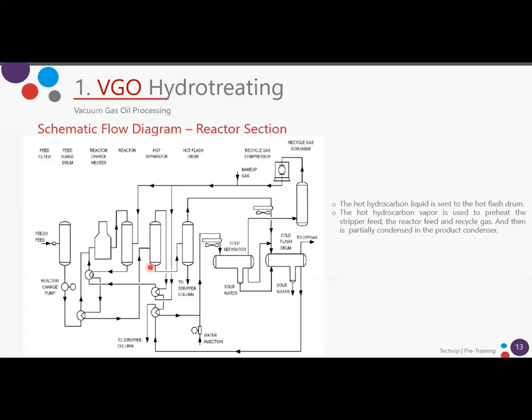The hot hydrocarbon liquid is sent to this vessel, that is the hot flash drum, and the hot hydrocarbon vapor is used to preheat the stripper feed, the reactor feed, and the recycled gas. And then it's partially condensed in the product condenser. So it goes here.